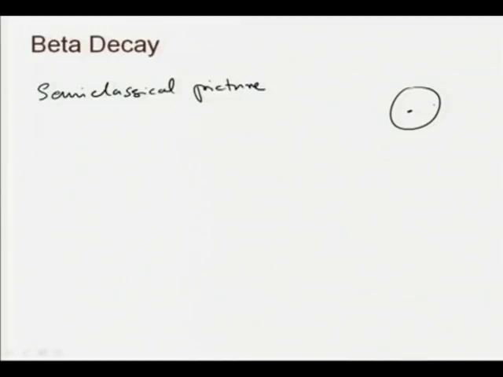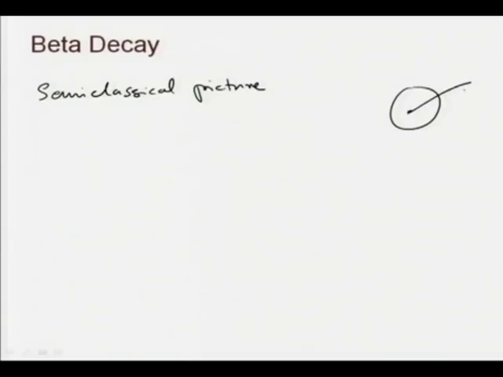When you consider the relative angular momentum of electron, we are talking about the position coordinate of the electron. Consider this to be the center and electrons are emitted from the nucleus like this.